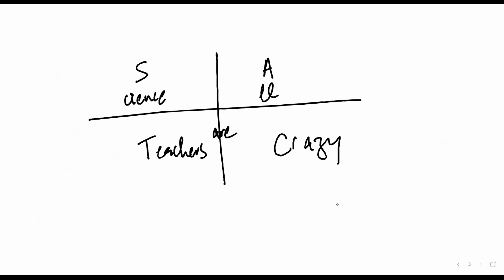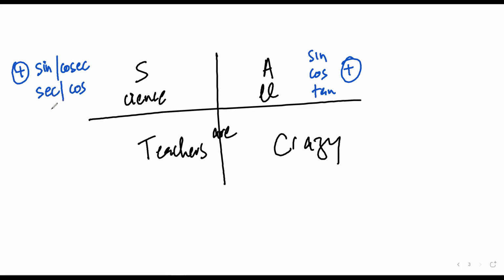What this means is that in the first quadrant, sine, cos, tan, all are positive. In the second, only sine and cosecant are positive. The rest, secant, cos, tan, cot are negative. Any doubt?